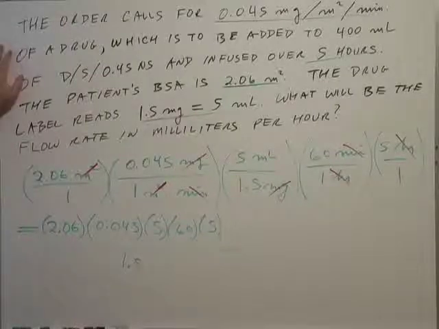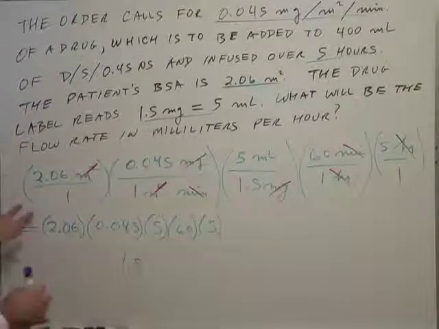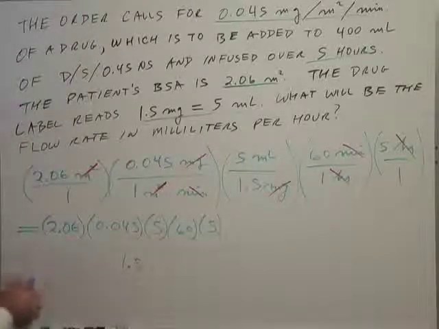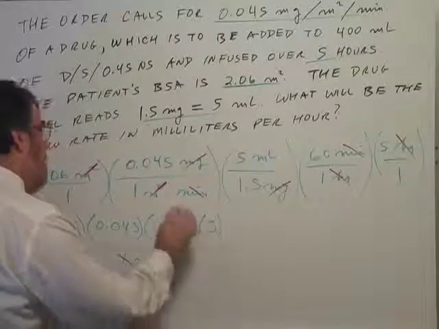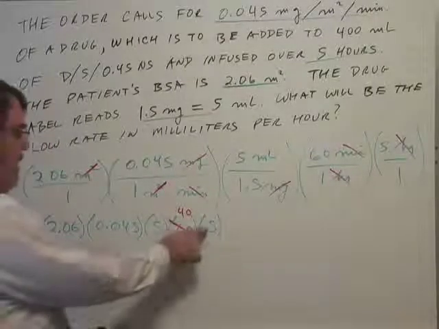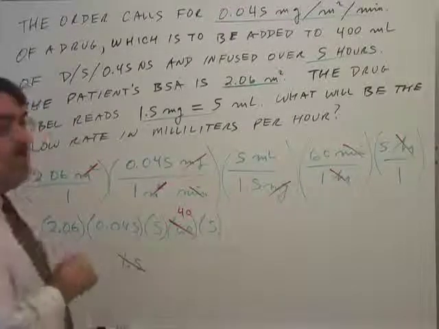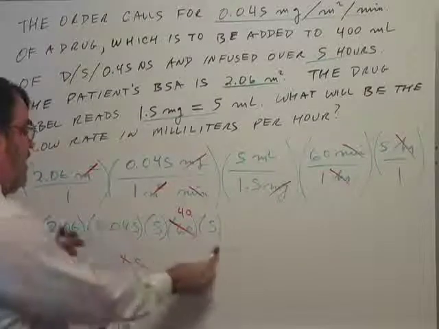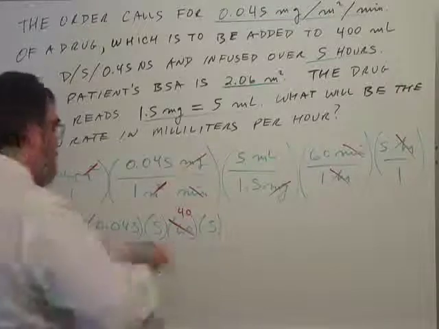I'm probably going to have to make some room somewhere to work this out. 1.5, see, 15 goes into 60 4 times, so 1.5 goes into 60 40 times. So I'll cancel this, and that gives me a 40. And 5 times 40 is 200, and 5 times 200 is 1,000. So this calculation here, 5 times 40 times 5, gives me 1,000.